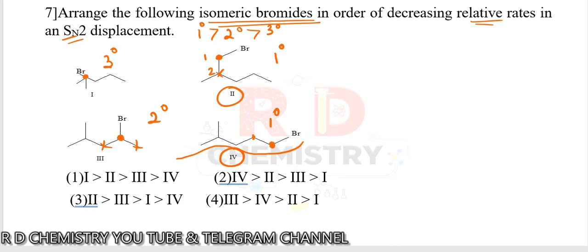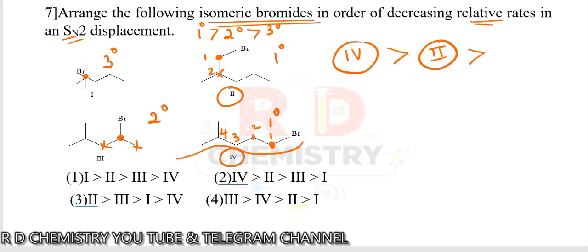Whereas in example number 4, the branching starts at carbon number 3 or 4. Therefore, option number 4 should be more reactive because the branching and the halogen are far away from each other. Then go for example number 2. These are the primaries. Then go for secondary and tertiary.